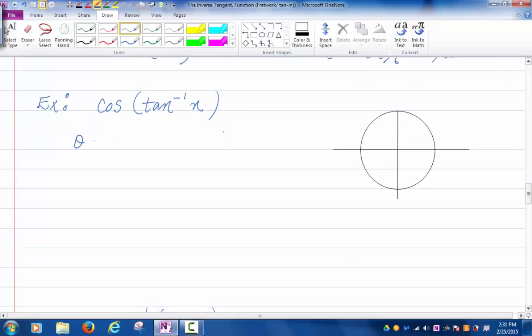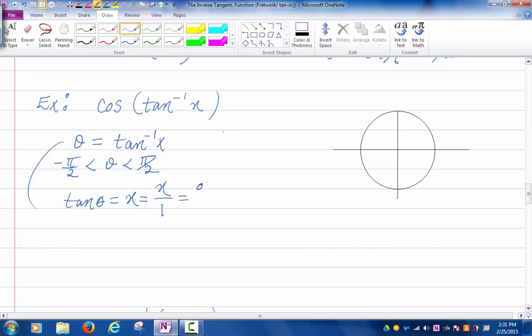We're going to take theta to be tangent inverse of x. So we know that tangent inverse of x is an angle, and the angle lies where? Theta is an angle between minus pi over 2 and pi over 2. So I also know that tangent of theta is x, which I'm going to think of as x divided by 1, as opposite over adjacent.